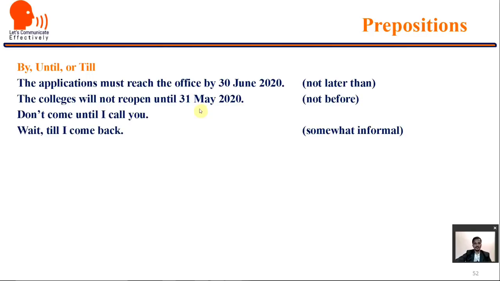So when we are giving a specific time, then we use until, and when we are saying not later than that particular time, or the things will not be accepted after a specific deadline, we use by. Don't come until I call you. Wait till I come back. So this is somewhat informal when we say till, but until is the common preposition used.